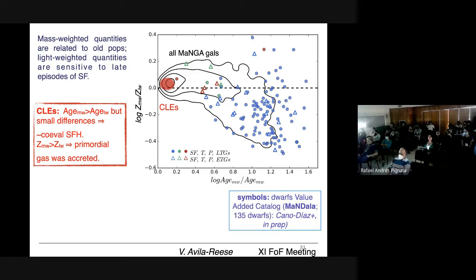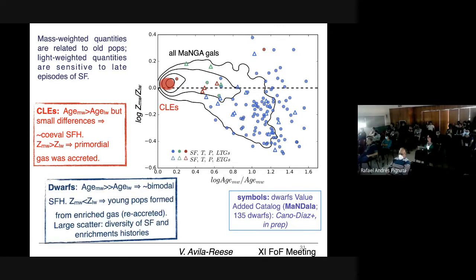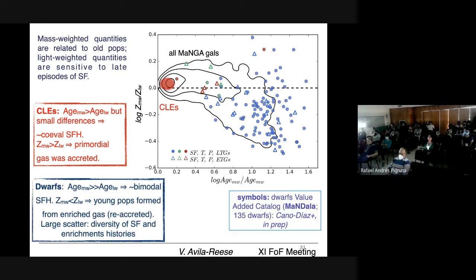But also the mass-weighted metallicity is all the time lower than the luminosity-weighted. This means that in the case of dwarf galaxies, the metallicity of young populations is higher than the metallicity of the older population. And why?